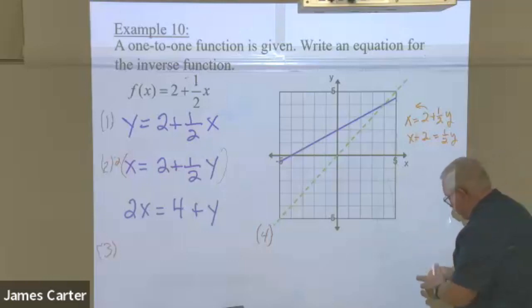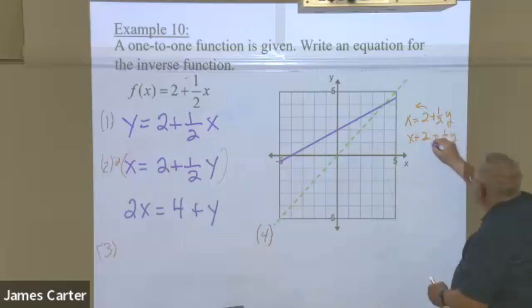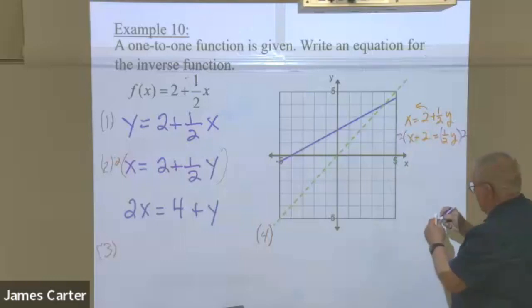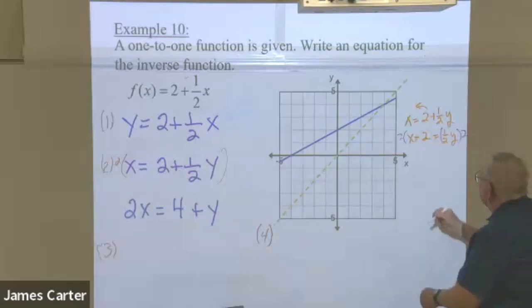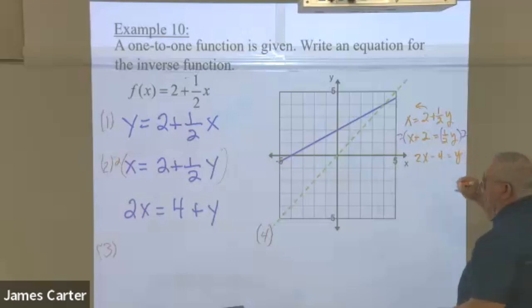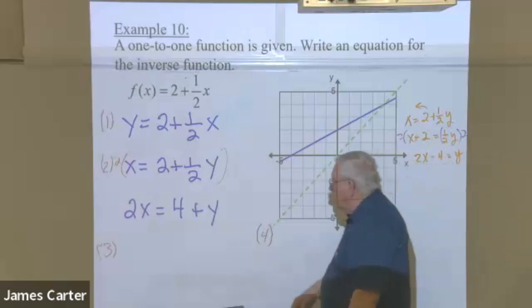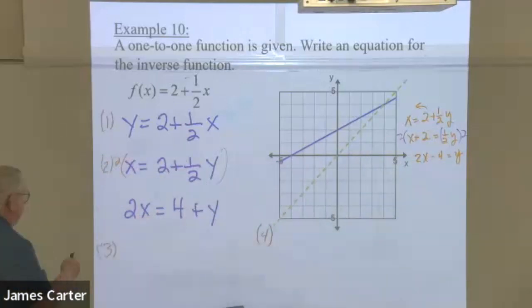And then multiply everything by 2, and you would get 2x minus 4 equals y, which is what they will get on their next step when they take this 4 over to the other side. So this is one way of doing that. That's the other way of doing it also. Doesn't matter which way you do it. So that's the third step, is to isolate the y.